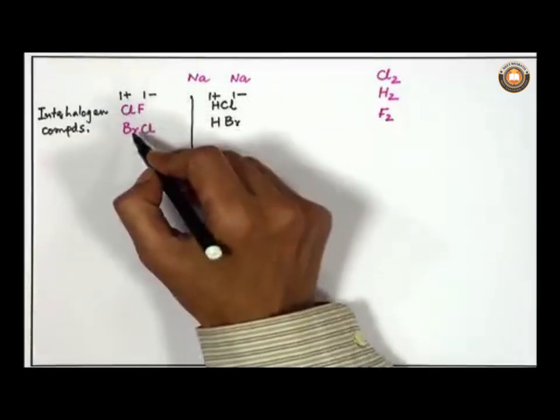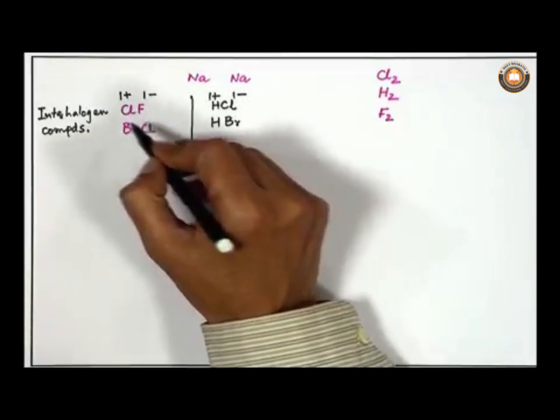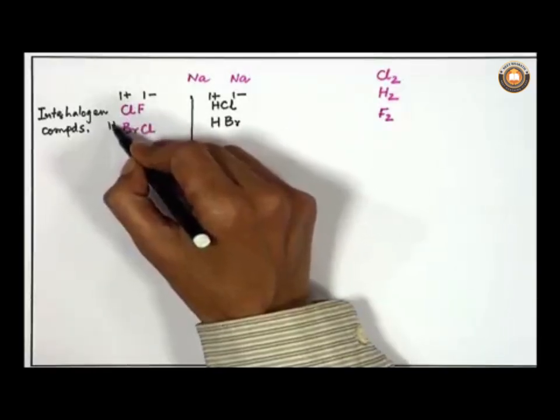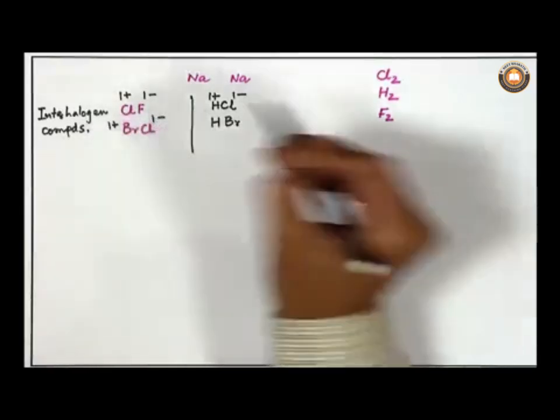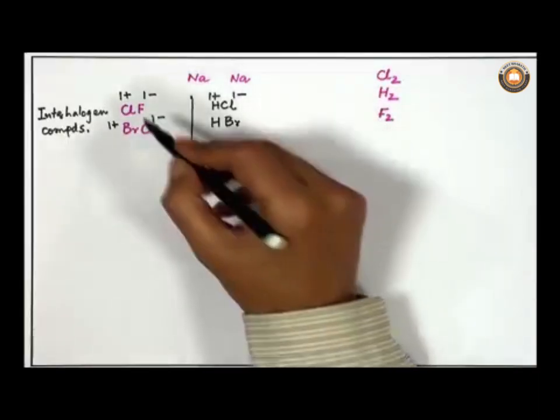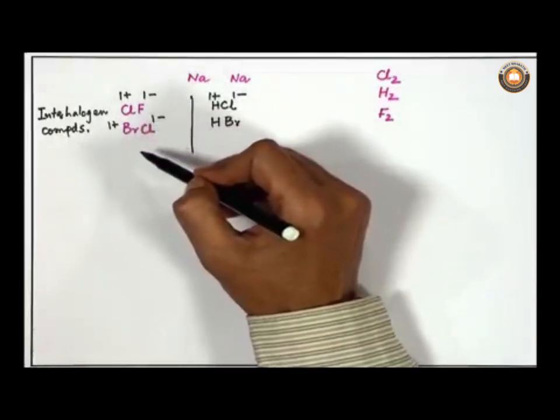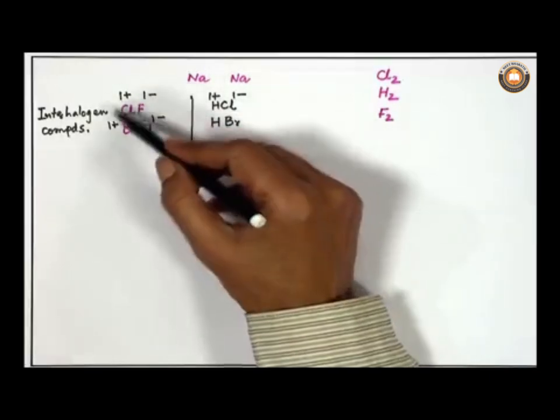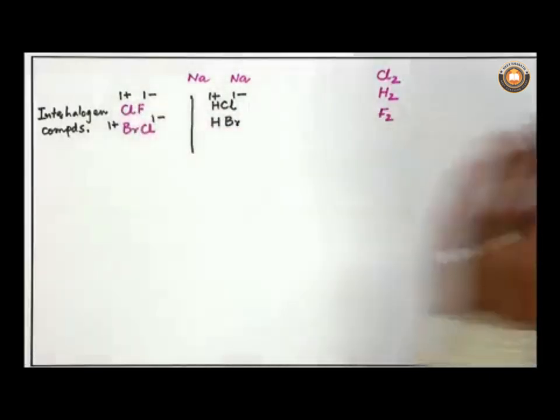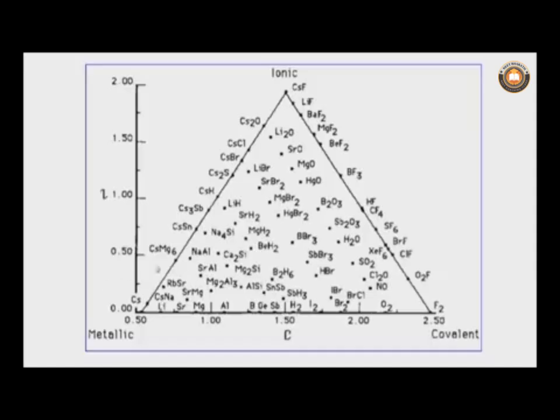Similarly, for BrCl also, Br will be 1 plus and Cl will be 1 minus. So, we should always keep in mind the corresponding delta values for assigning the oxidation states.